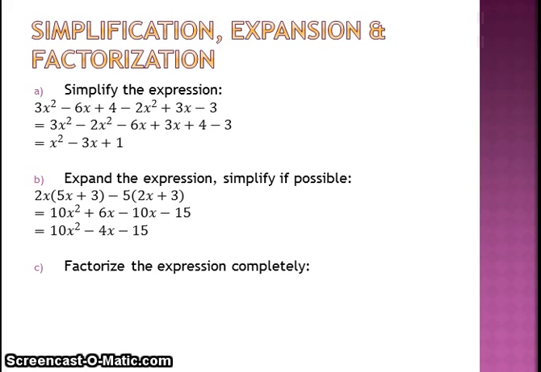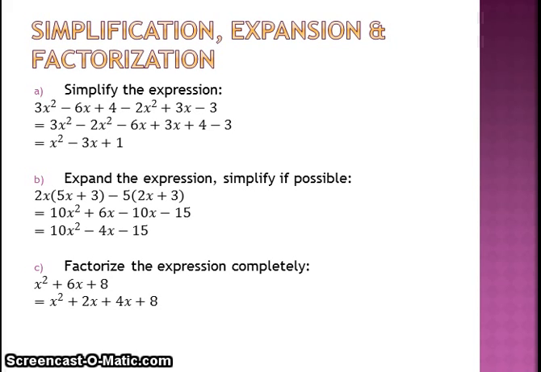You are also required to factorize expressions. For example, x squared plus 6x plus 8. You should be aware that 6x can be split into 2x plus 4x, because we want to factorize using a common factor.